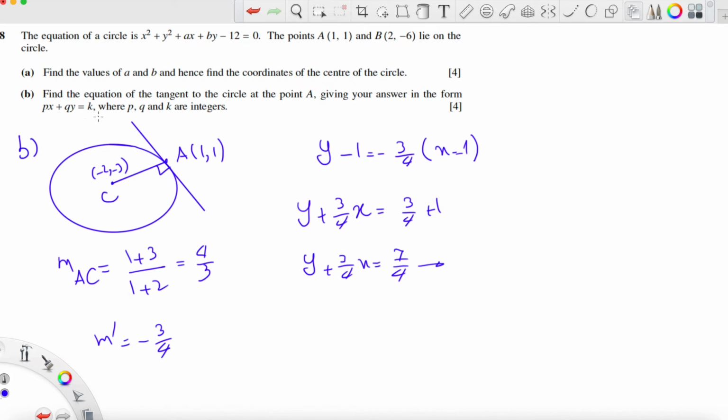Now you're supposed to write in this form, and all coefficients are to be integers. So to get rid of this denominator, I multiply all by 4. So I write in the same order, 3 over 4 times 4, 4 cancels out, so it will be 3x plus 4y is equal to 7. It is the final answer for the second part.